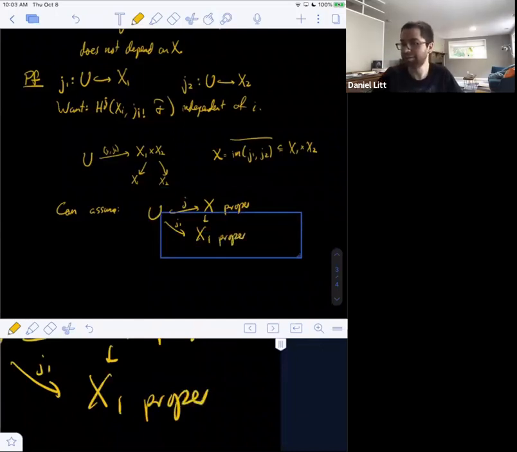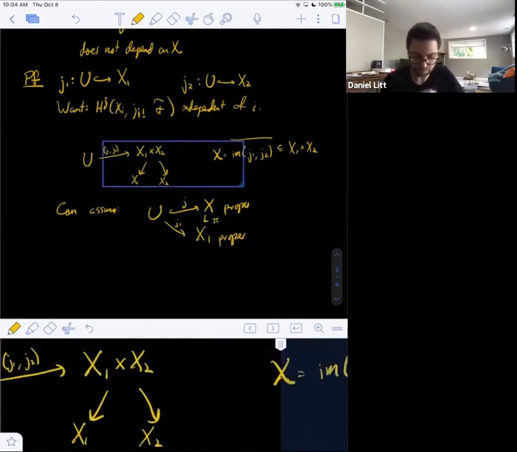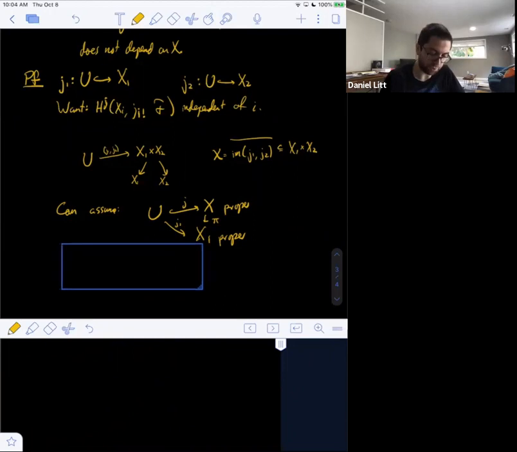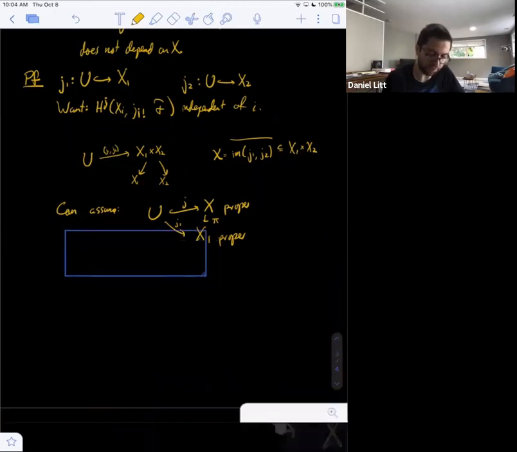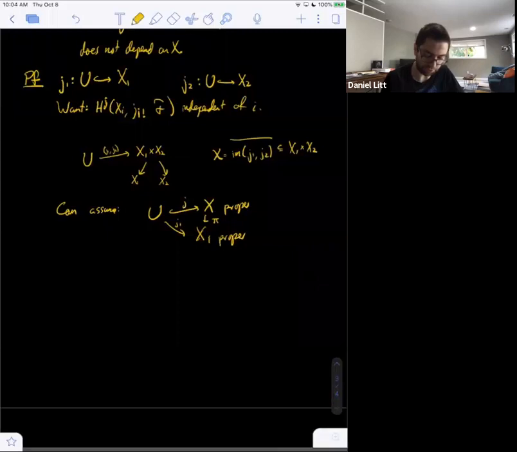Let me call this map from X to X1 pi. So this is one of these projections. Any thoughts? We want to compare the cohomology of j lower shriek F on X with the cohomology of j1 lower shriek F on X1. How would you go about that?